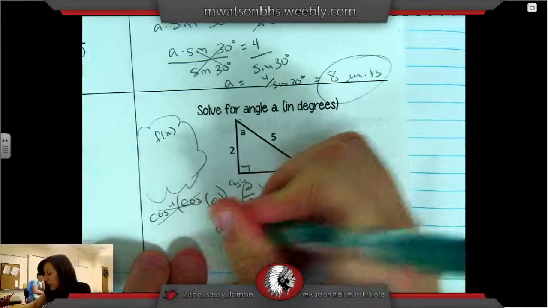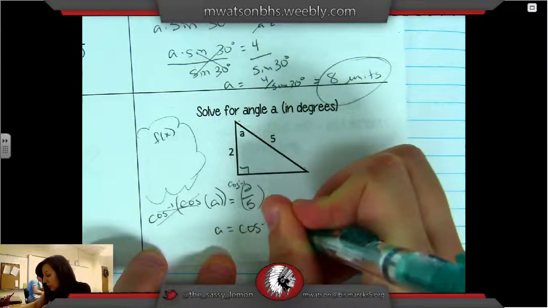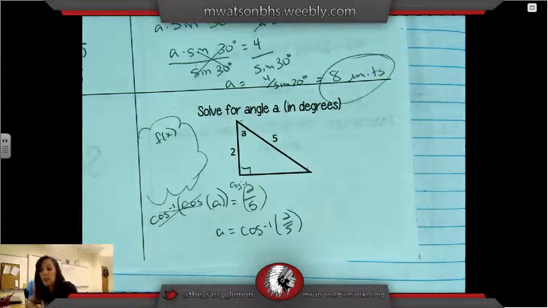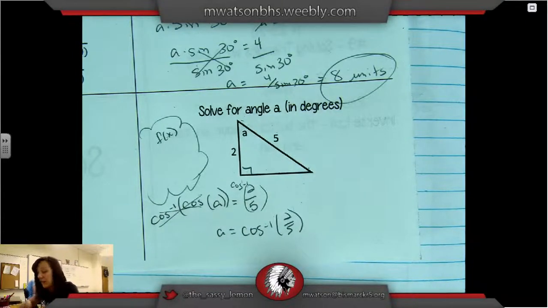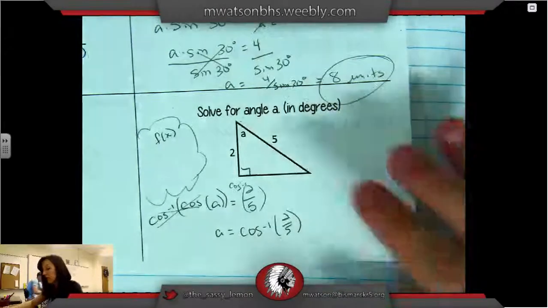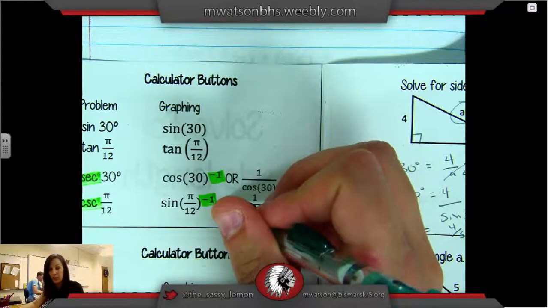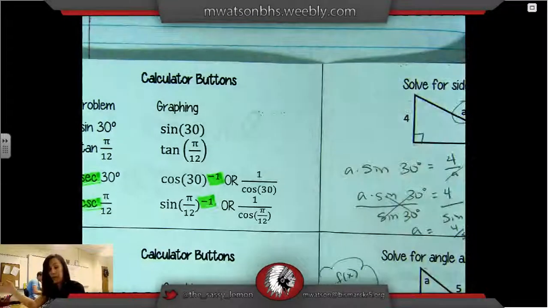So that we get A equals inverse cosine of 2/5. Now, the notation is really confusing because this stands for inverse cosine, whereas that little -1 we talked about earlier, that stands for reciprocal. I know, very confusing.